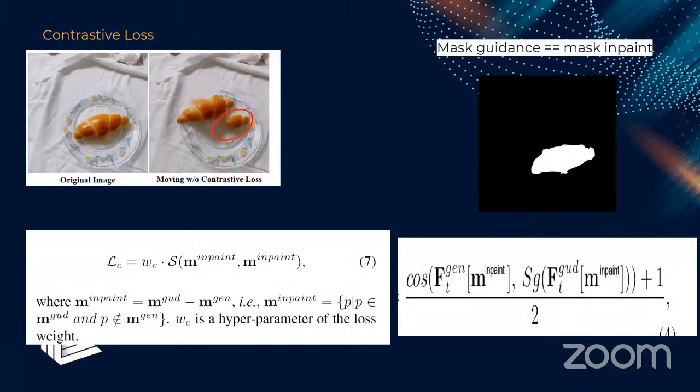Can you please repeat it? Sorry, it's my network. Can you hear me now? Yes. So how does the model account for the location of the original object that is still there in the result?